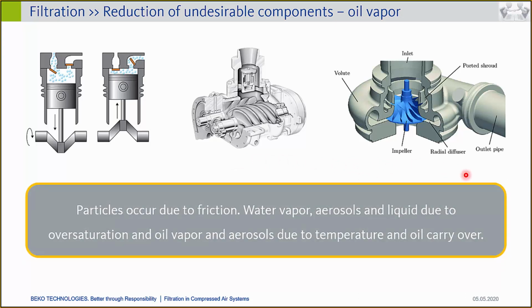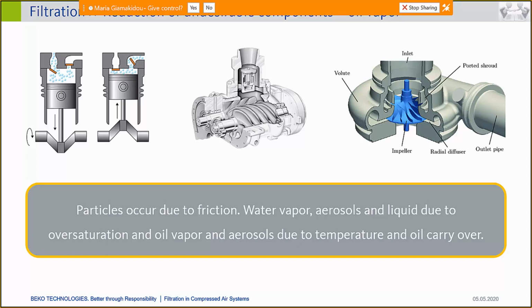All of these compressors are responsible for creating particles due to friction. The water vapor and the aerosols and liquids will appear due to oversaturation after the aftercooler. And the oil vapor and aerosols will also occur due to high temperatures and the oil carryover in lubricated compressor systems.